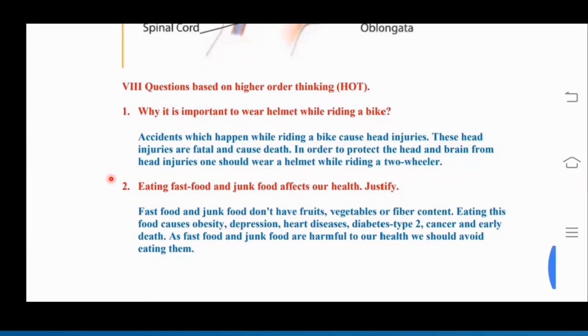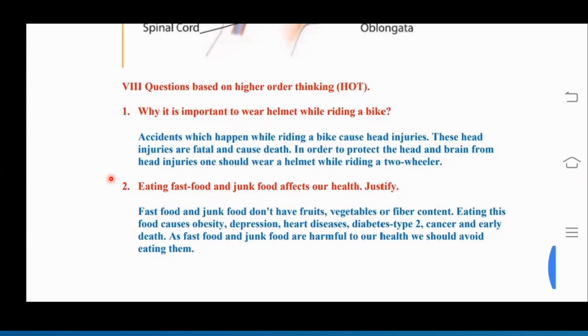In order to protect the head and brain from head injuries, one should wear a helmet while riding a two-wheeler. If an accident happens while riding, it causes head injuries, and this causes the death of a human being. So for protection, we want to put on a helmet.